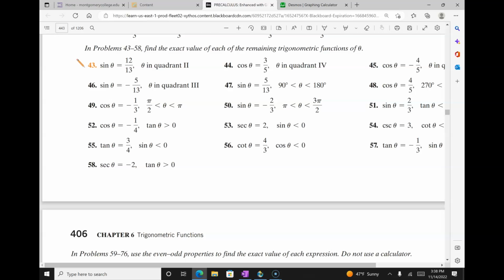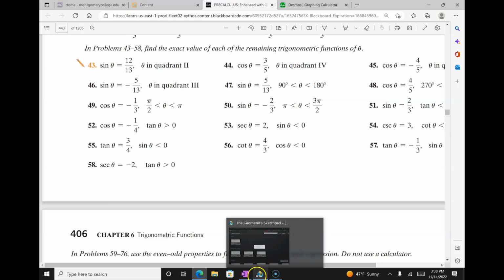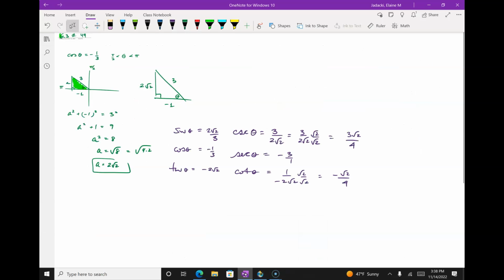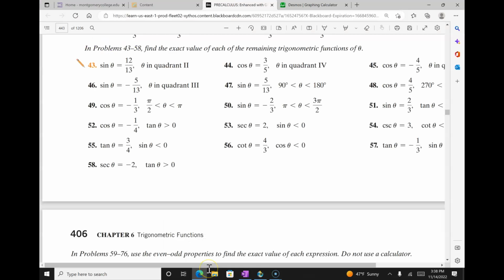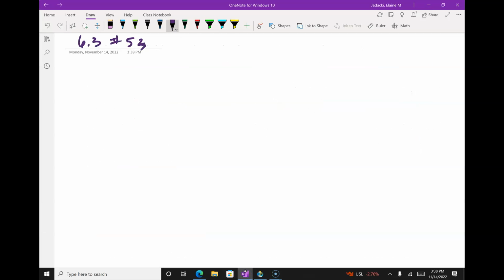How about 53? It says the secant of theta is 2 and the sine of theta is negative.